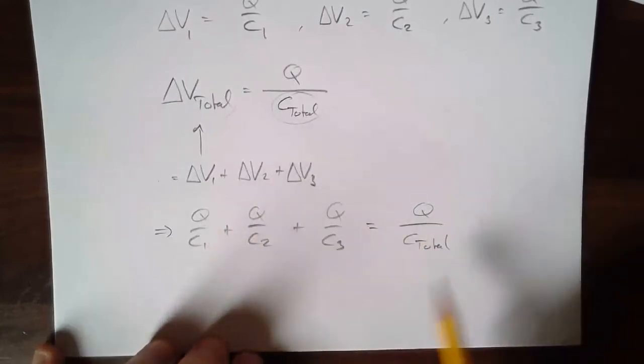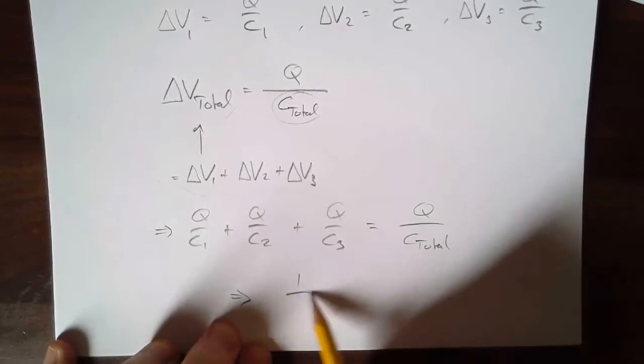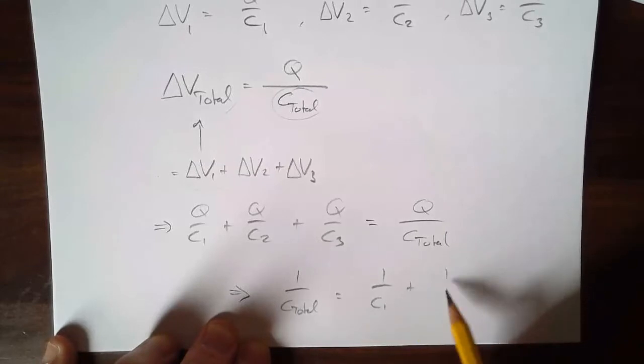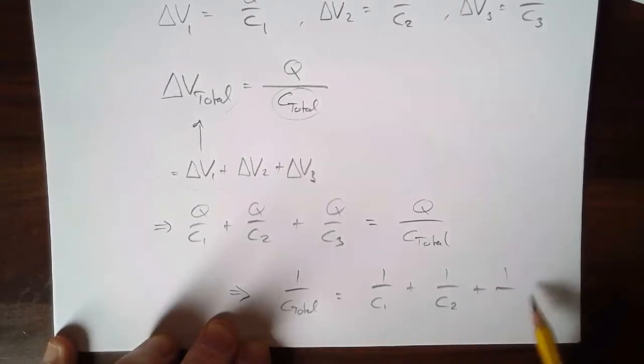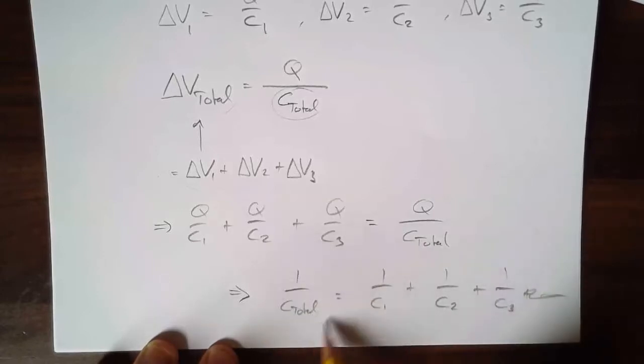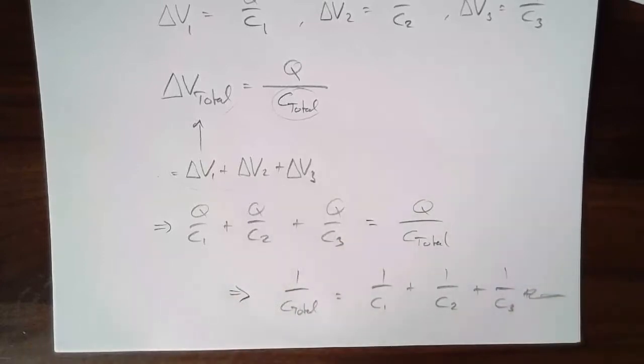And of course, you can factor out a Q and cancel it. So what you get is that 1 over C total is equal to 1 over C1 plus 1 over C2 plus 1 over C3. And if there's more, there's more. In our case, there isn't, but if there were more capacitors, we just keep going. So this gives you an expression of the effective capacitance of those capacitors put together in series.